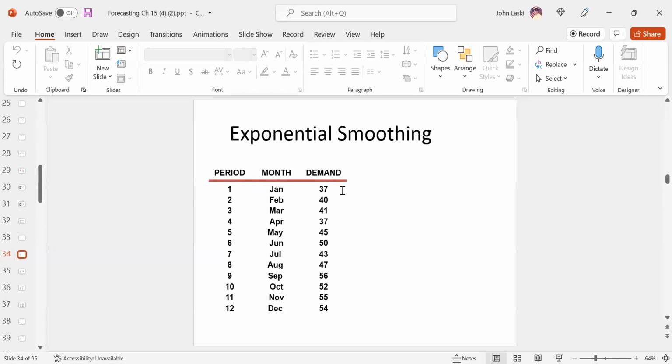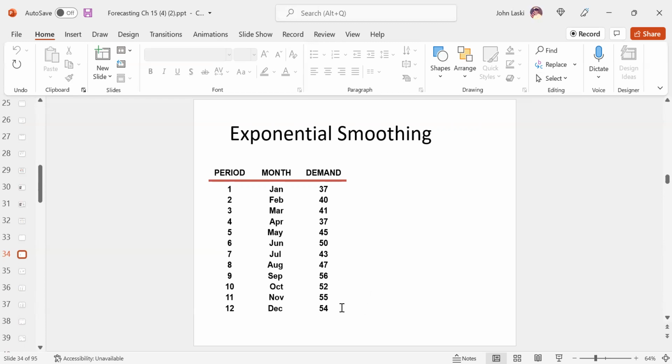It doesn't matter what these things are: 37 what? 37 cars, 37 houses, 37 MRI machines, 37 open heart surgeries, if it were a service versus a product, whatever it is. We already know, because we discussed it, that the demand numbers come at the end of the period. I know what we did in January at the end of January, in February at the end of February, in March at the end of March, and so forth.